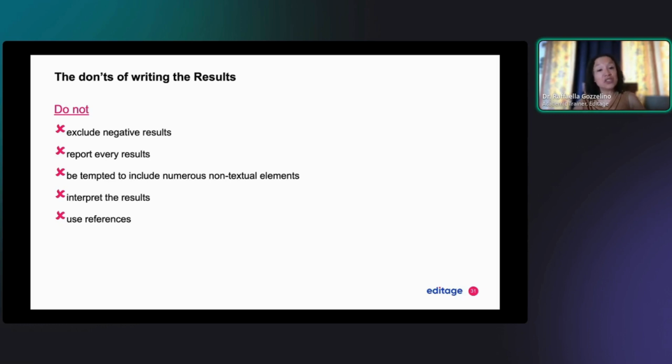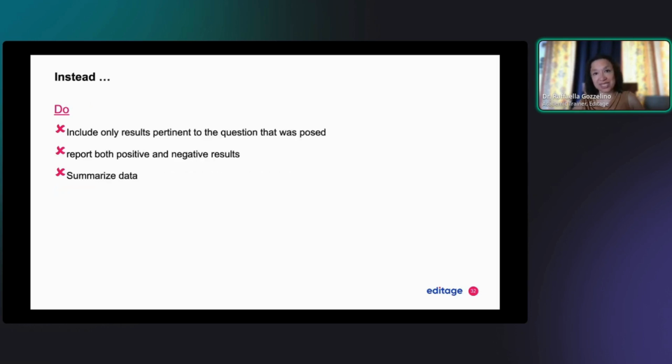Do not interpret the results. You will leave these for the discussion, and do not use references because these are your results. Instead, include only results that are pertinent to the question that was posed, that report both positive and negative results, and that summarize the data that you obtained along your scientific training.